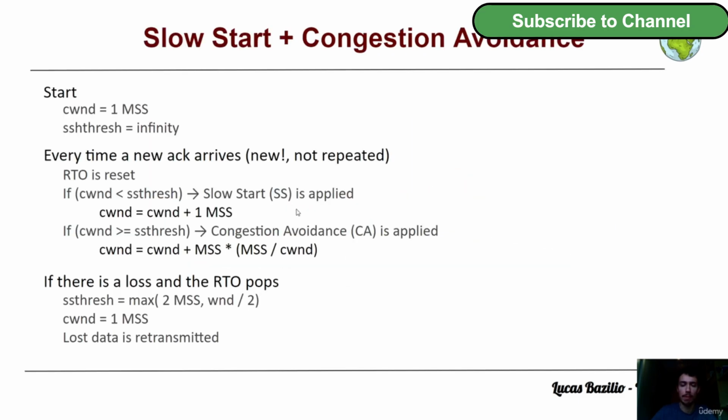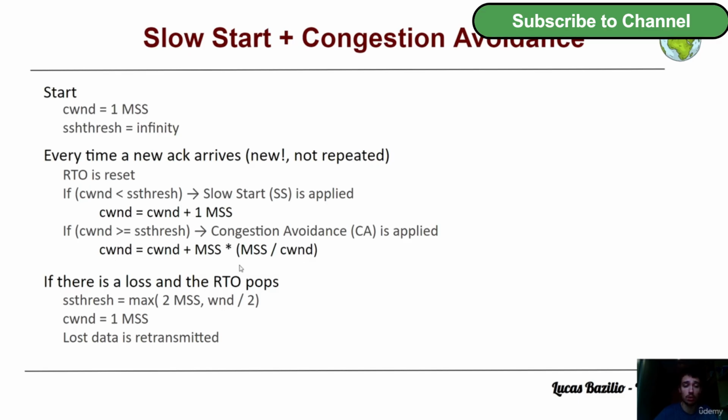For this, we need to remember the slow start and congestion avoidance algorithm. At the very beginning, the congestion window is 1 maximum segment size and the slow start threshold is infinity. However, we keep changing these values every time a new acknowledgement arrives. In the slow start phase, we increment the congestion window by 1 maximum segment size, and in the congestion avoidance phase, we increment the congestion window by 1 maximum segment size multiplied by 1 maximum segment size divided by the value of the actual congestion window.